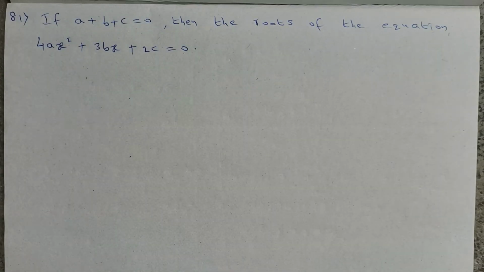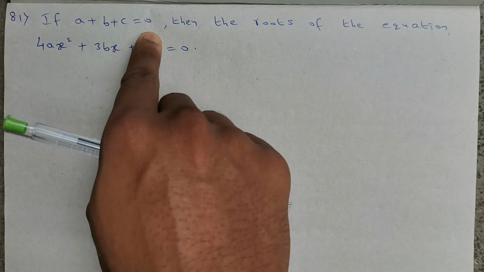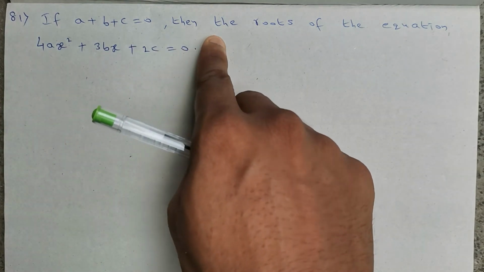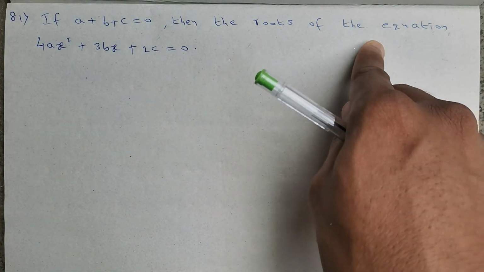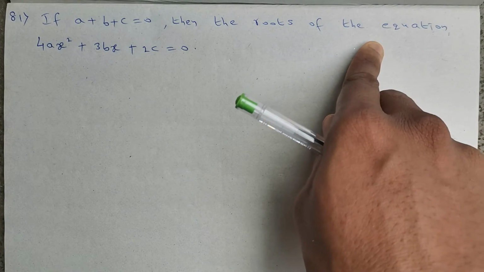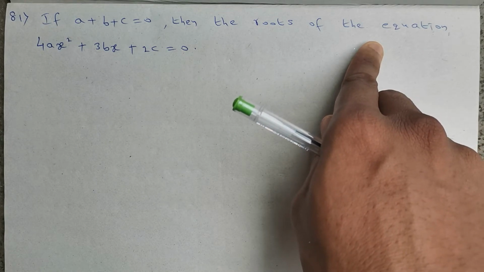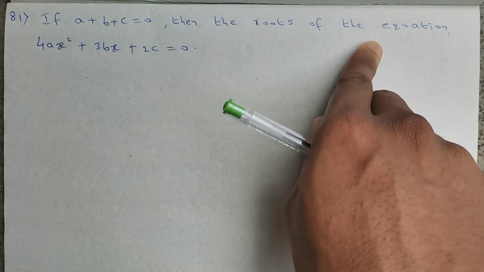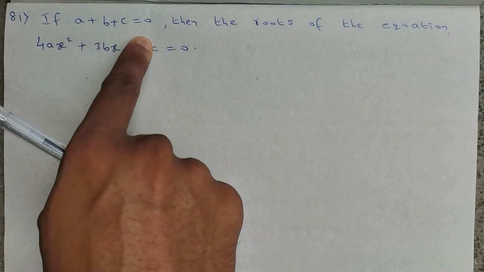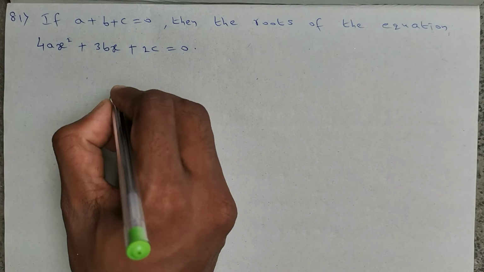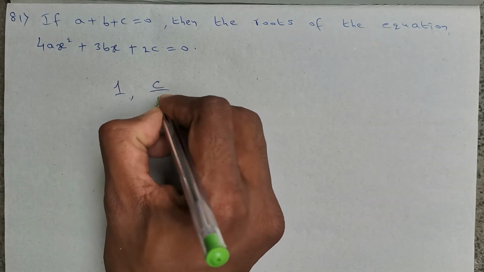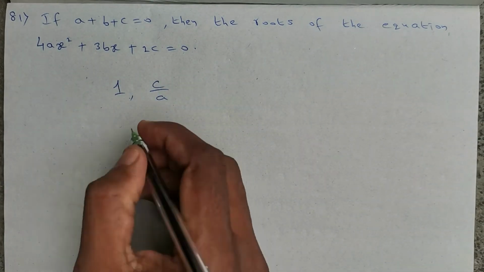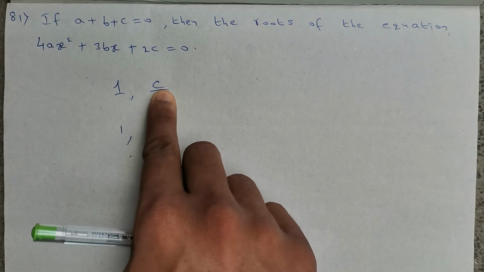Okay, the next question is, if a plus b plus c is equal to 0, then the roots of the equation 4ax square plus 3bx plus 2c is equal to 0. If a plus b plus c is equal to 0, the roots are 1 and c by a. Here number 1 as it is, c is nothing but the constant.